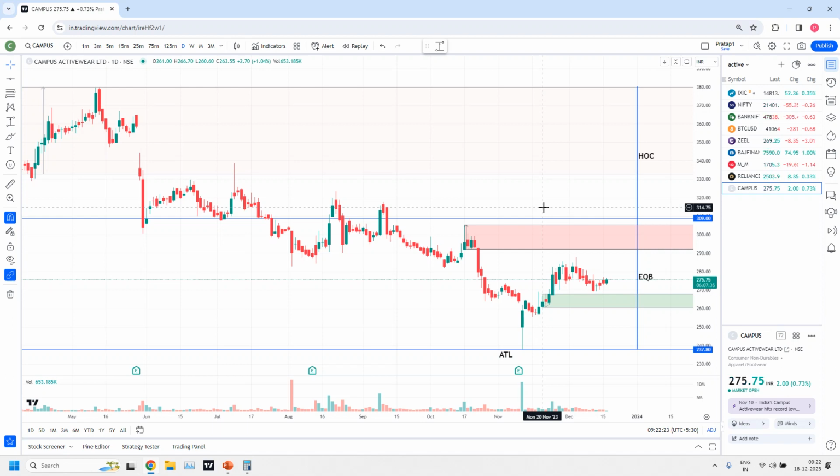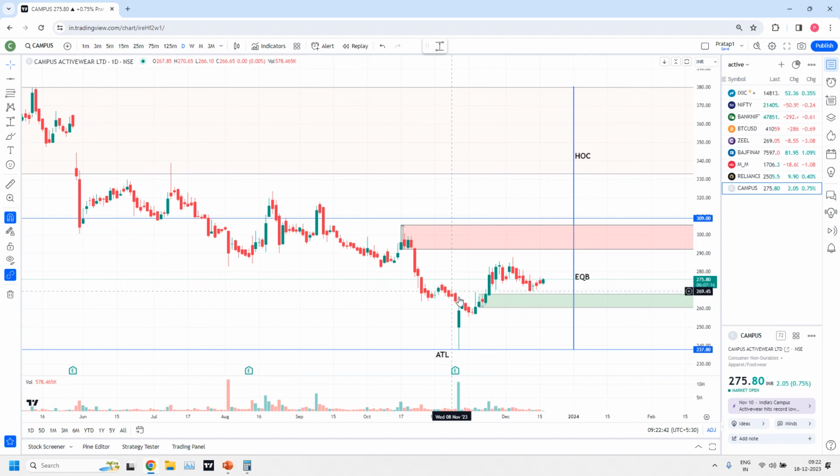After that, we went to the weekly time frame. There we identified the trend. After that, we went to the daily time frame. There we identified the supply zone for entry point of view and also the demand zone for target point of view.